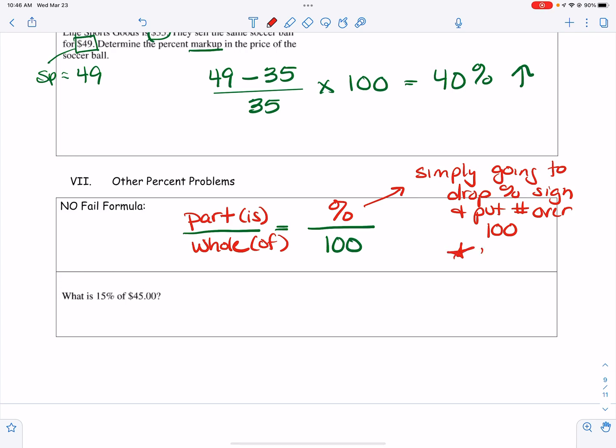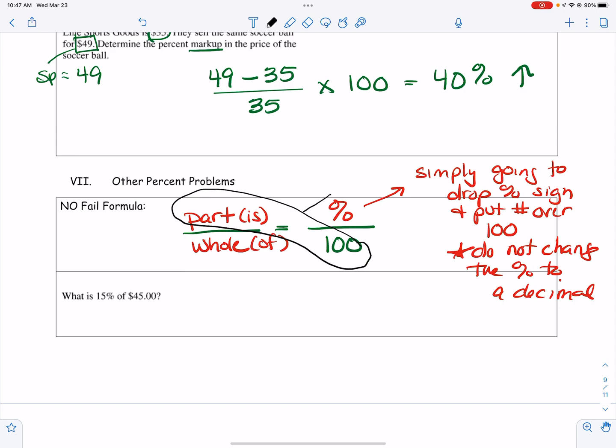You do not change the percent to a decimal, okay? And then once we get this formula, then we are going to cross multiply. So we're going to look at these setups using these next examples, okay?